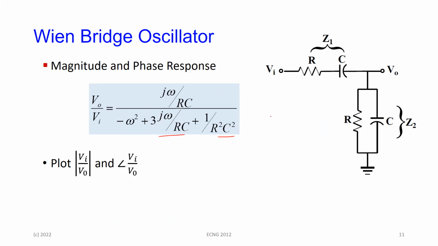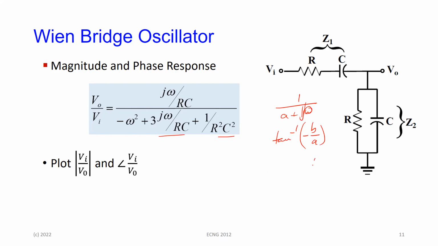If I give you a complex number, a plus jb, or 1 over a plus jb, the phase angle of that is, in this case, minus inverse tan of b over a. If I want that to be equal to 0, I have a couple of ways I could get that.